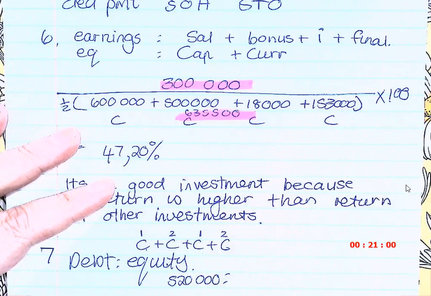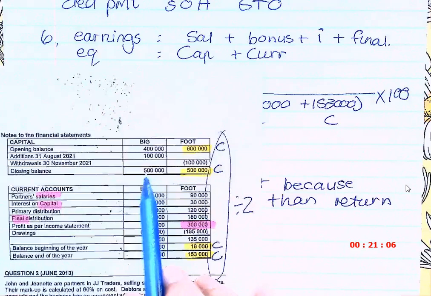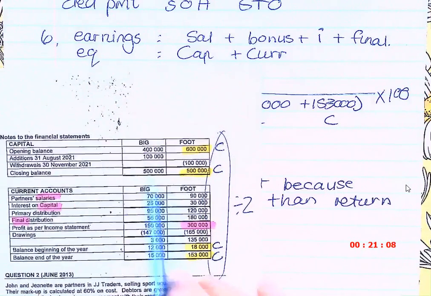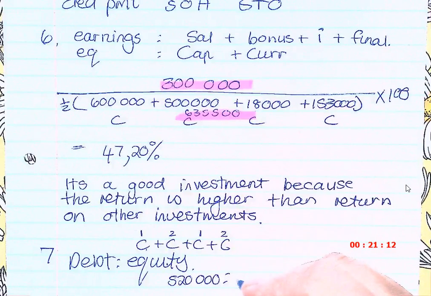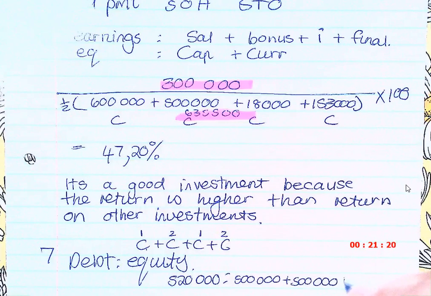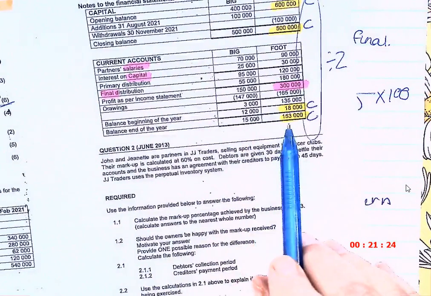It's not going to be an average. If I look here, the closing balance is 500 and 500 for the capital. And for the closing current, it's 15 and 153.